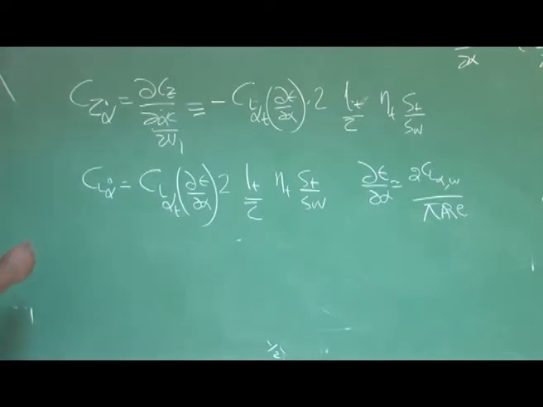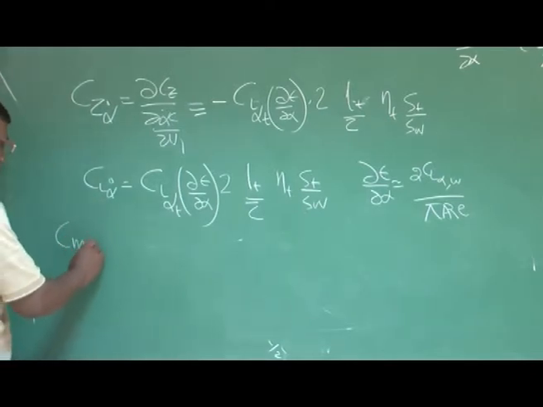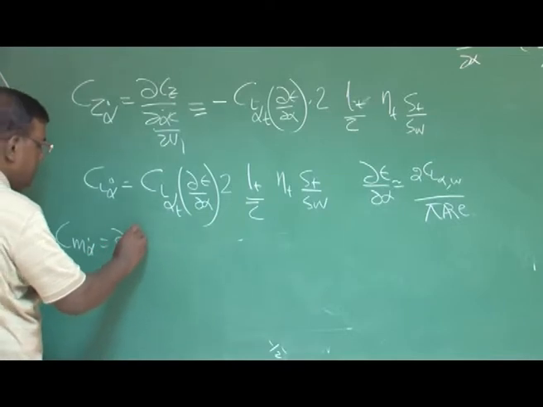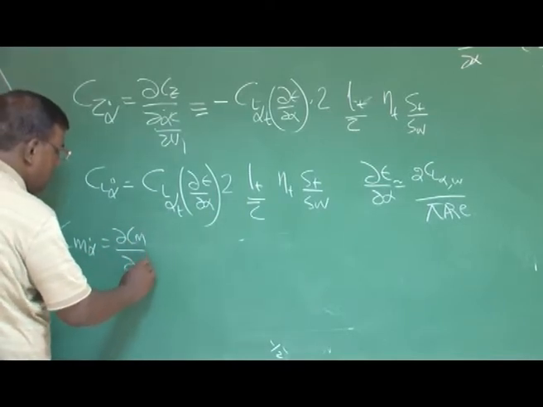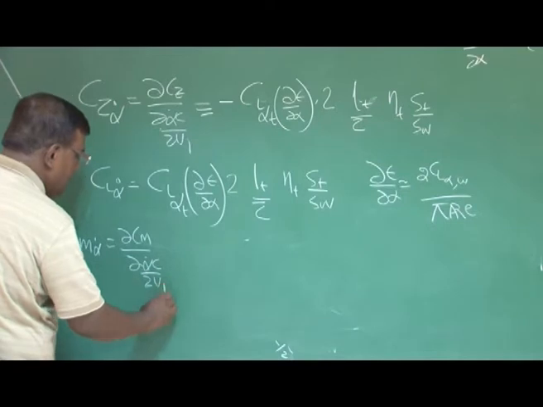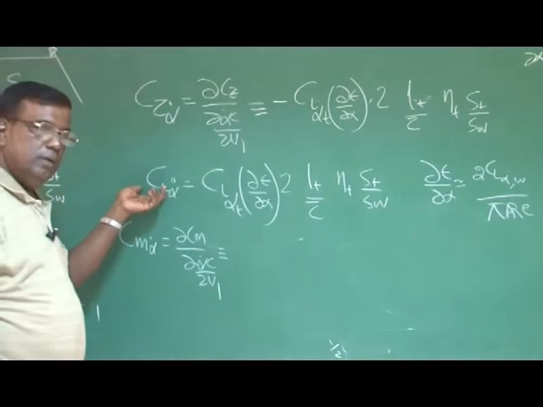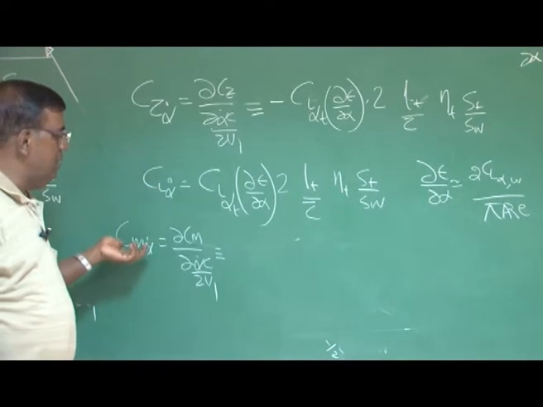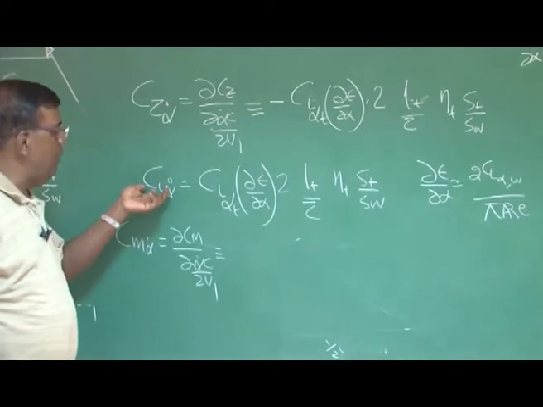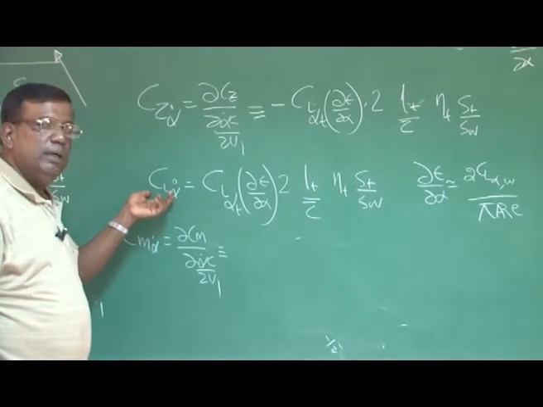Similarly, if I want to find out CM alpha dot, which is dCm by d alpha dot C by 2 U1, you could see who is causing CM alpha dot? CM alpha dot is coming because of CL alpha dot. It is a force in non-dimensional sense, it is a moment in non-dimensional sense. So, I have to just multiply this with the moment arm.